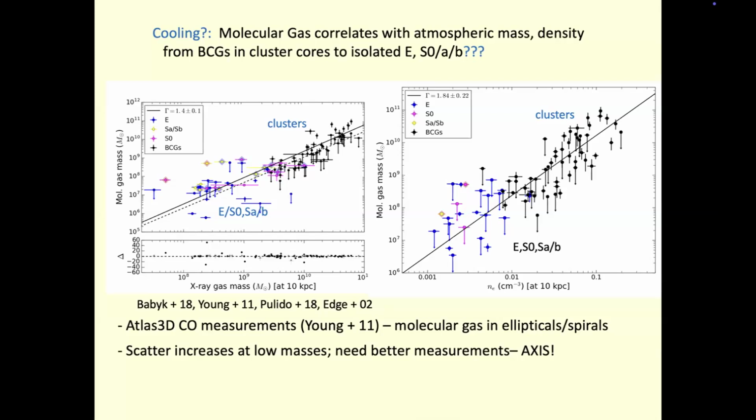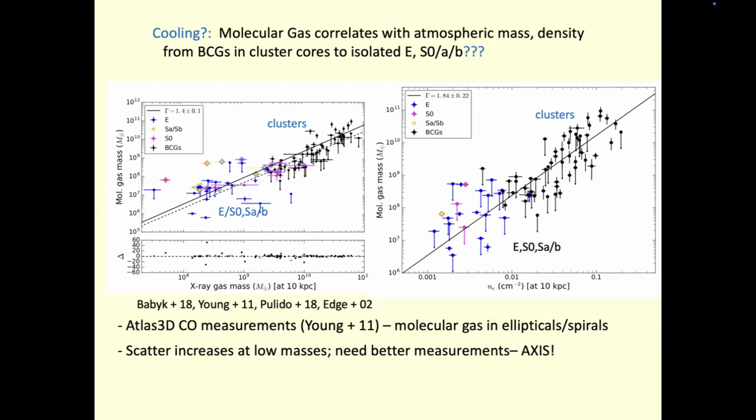And in clusters, the left-hand side here shows the molecular gas mass versus X-ray gas mass within 10 kiloparsecs, both for cluster sources and ellipticals and groups. And on the right-hand side, it shows the molecular gas mass versus just the gas density at 10 kiloparsecs.